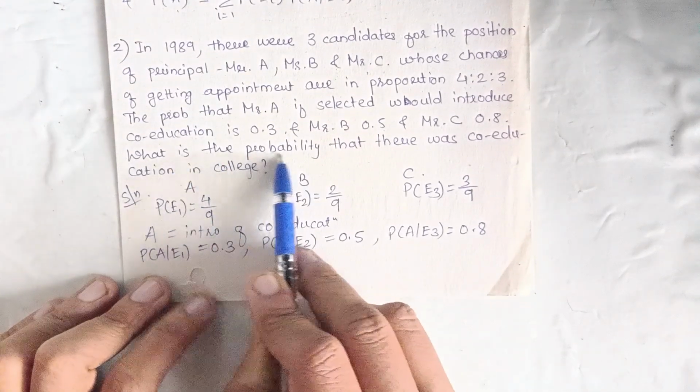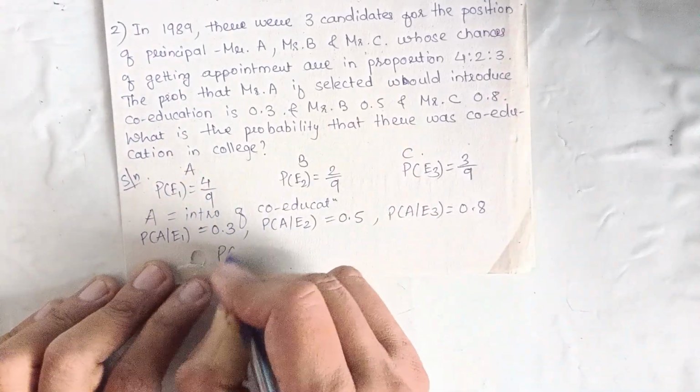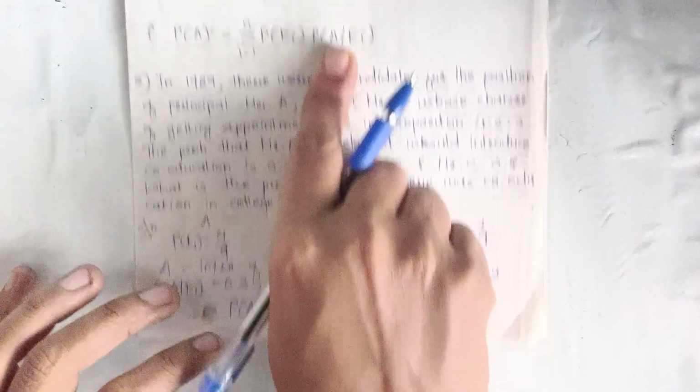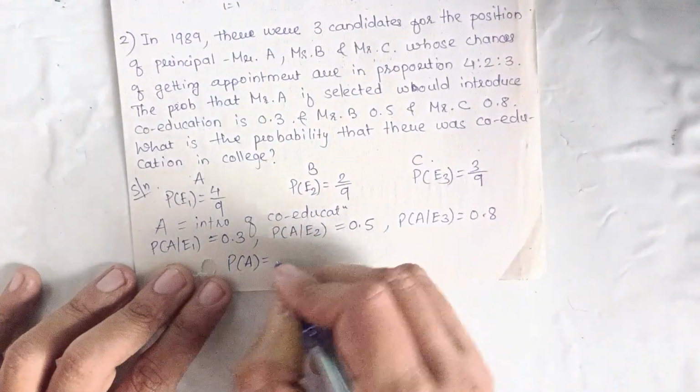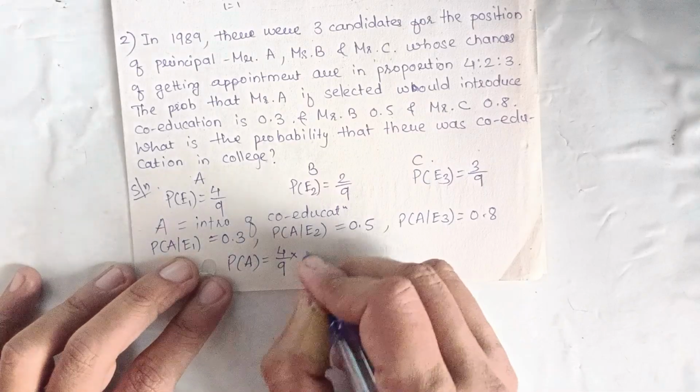They have asked what is the probability that there was co-education in college, so we have to find P of A. That is the summation of P of Ei into P of A given Ei. So P of E1 is 4 upon 9 into P of A given E1 is 0.3.